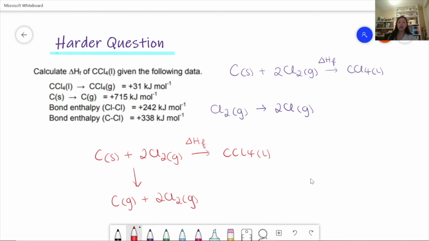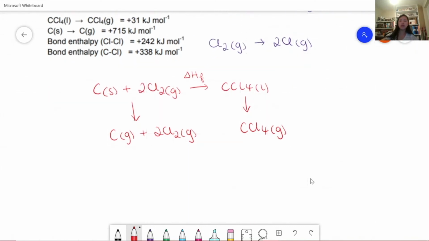And then for this bit here, we see that we're given the carbon tetrachloride to gas. So we can do the same thing here. And we know both of these. And then we think, oh, but if we use this, we can actually get the bond enthalpies, because these are both in their gas forms, and so is this one.